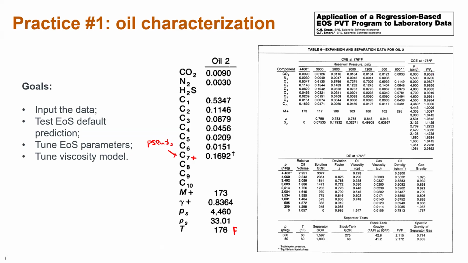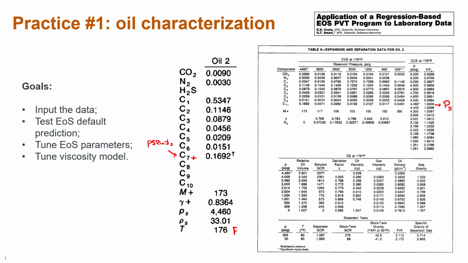When this ratio is equal to 1, it is the saturation pressure or the bubble pressure of the oil. In this case, it is 4,046 psi. At this condition, this ratio is 1, because it is the same amount over the same amount. Then this ratio increases because you are reducing the pressure and the oil is expanding.